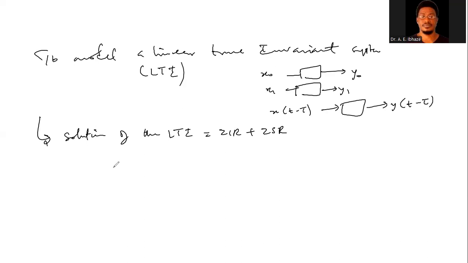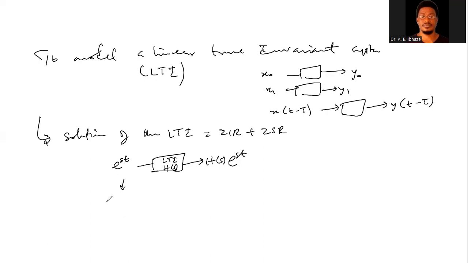So if the input to the system, e^(st), is the eigenfunction, then for the LTI system having the response H(s), it means the output will be the product of the response of the system times the input, so H(s) e^(st).